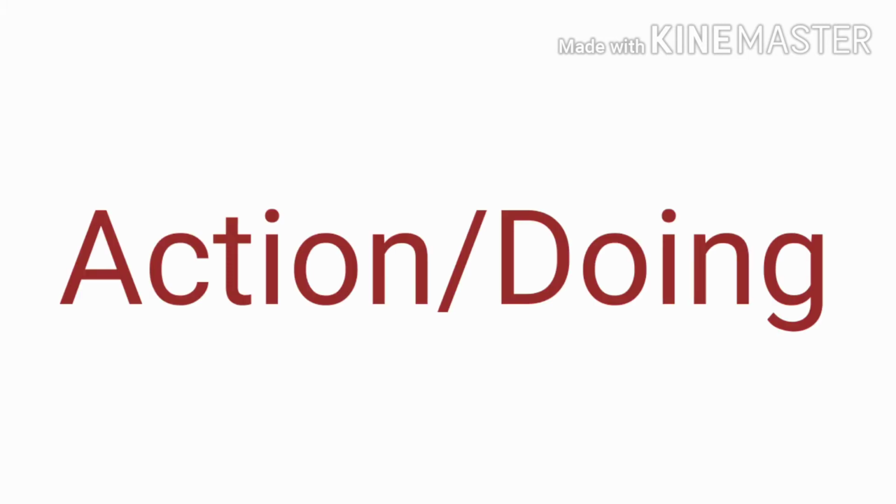So verbs are words used to describe what? They describe action. Action in the sense of play, go, eat, sleep, run, jump, write. They are all verbs and they describe an action or an event. That's the use and the meaning of a verb.